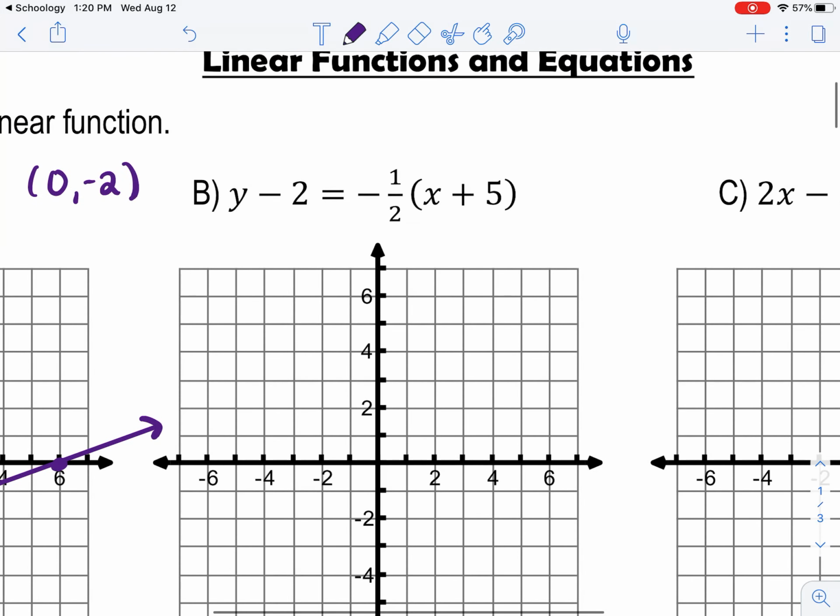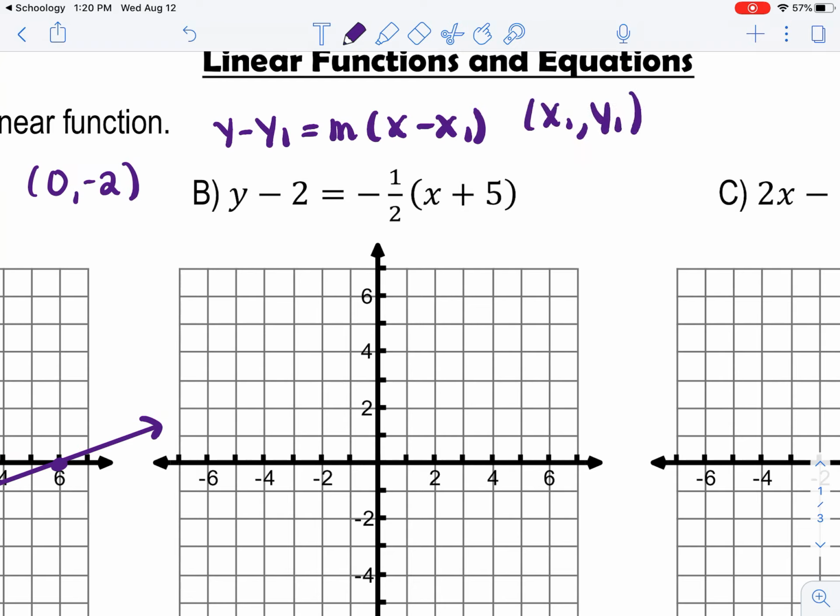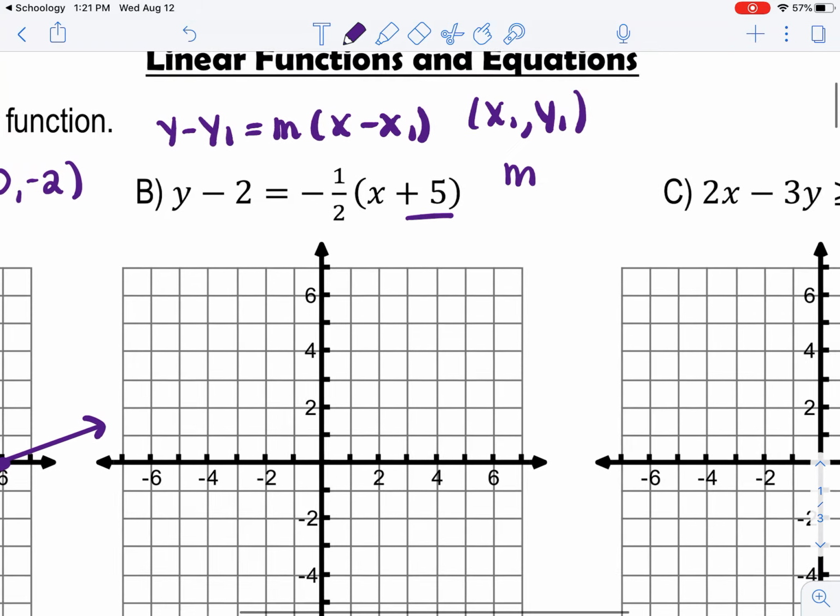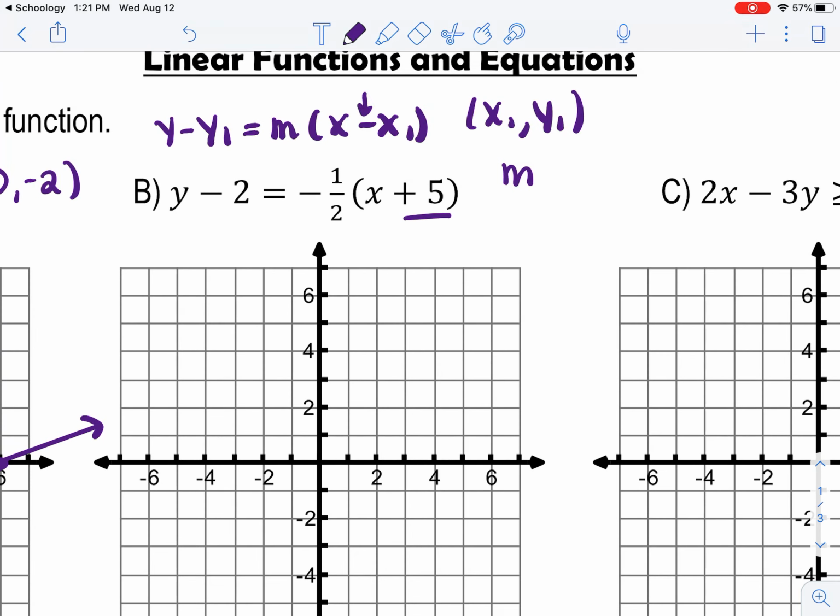All right, this is point-slope form. Point-slope form is in the form y minus y1 equals m times x minus x1, where x1, y1 is the first thing that you're going to graph. It's the point, and then you're going to use the slope, okay? So remember, this is x1. It's the opposite of that due to this minus right here, so -5.